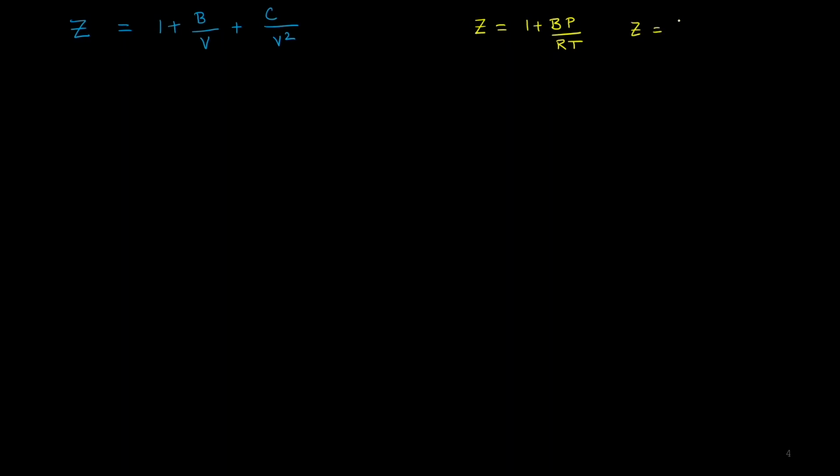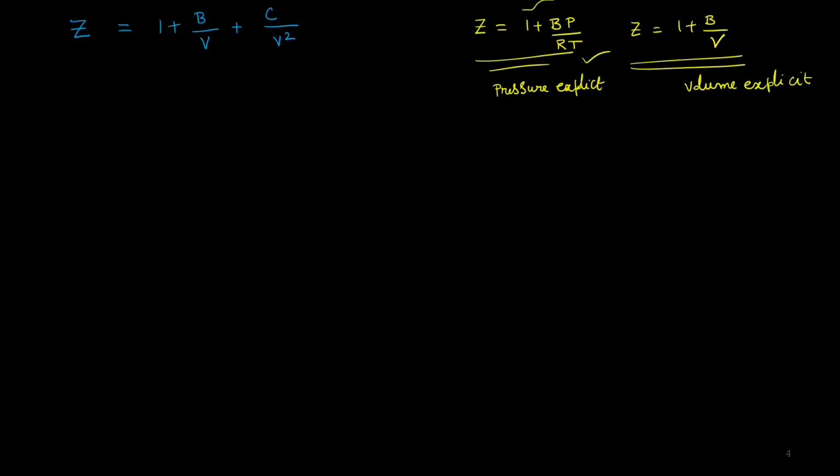I could also write it as Z is 1 plus B over V. We chose this form because it's more convenient. When I know temperature and pressure, I can calculate the compressibility factor and hence the volume. But the moment we have both the second and third virial coefficients, as we discussed yesterday, we only tend to use this form of the expression.